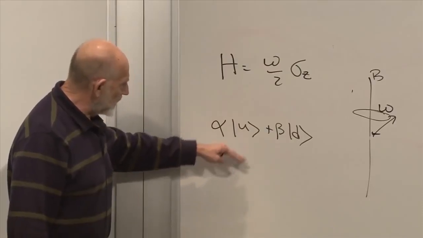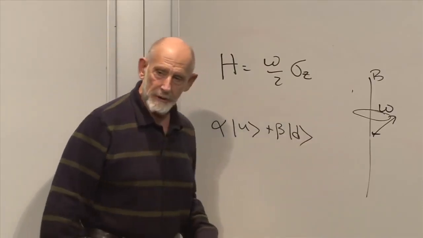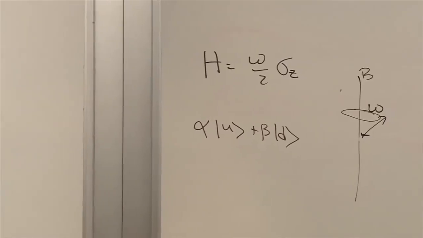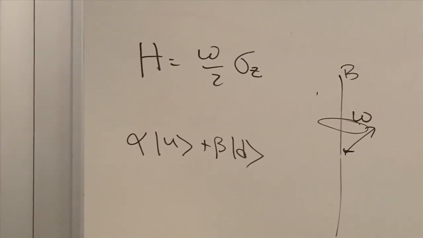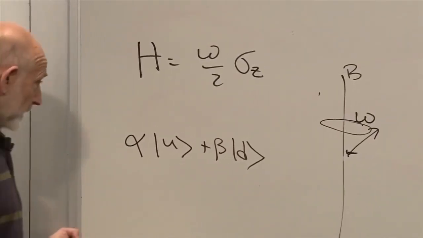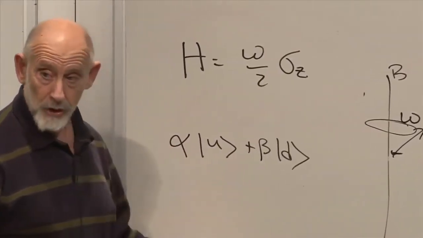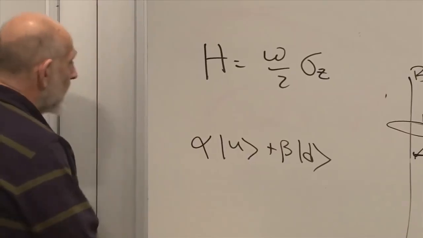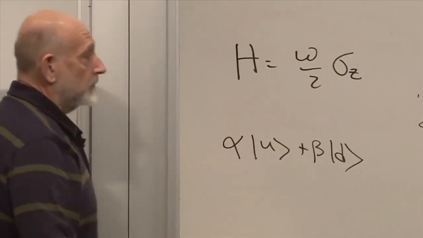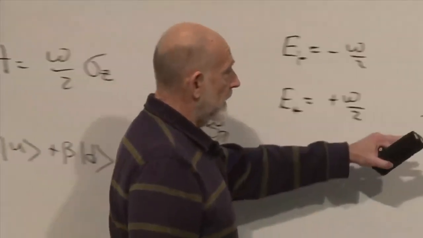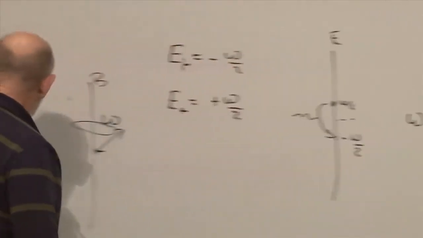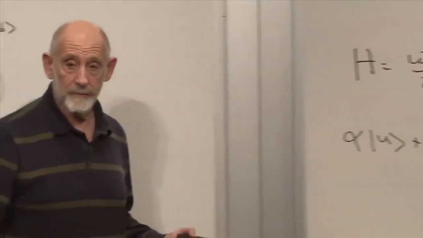If alpha is 0 and beta is 1, that's pointing down. An up electron, or an up spin, will emit a photon of frequency omega, of energy omega. So if there was just the up state, yes indeed, it would emit omega. If it was the down state, it emits nothing.